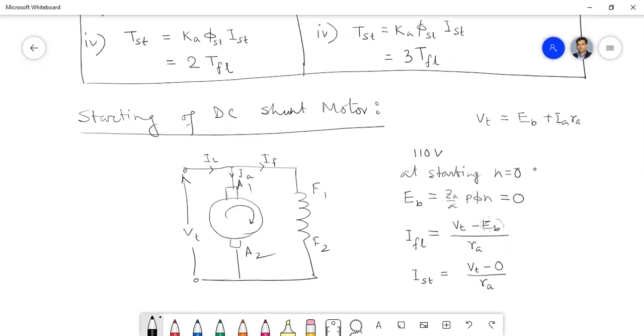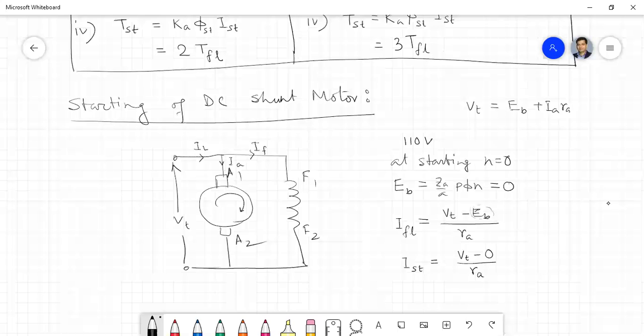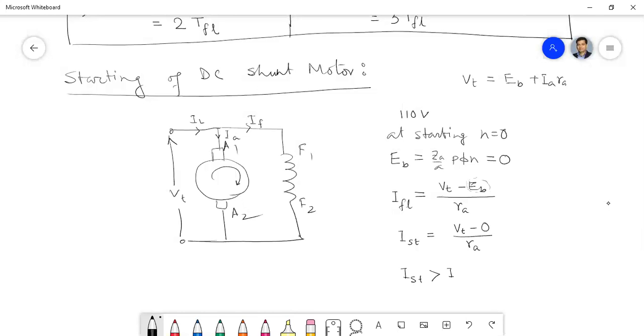So that means this starting current is much greater than the full load current. Okay, so much greater than the full load current. Now what will happen if the starting current is much greater than the full load current?